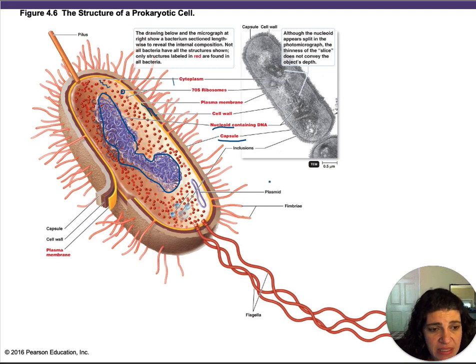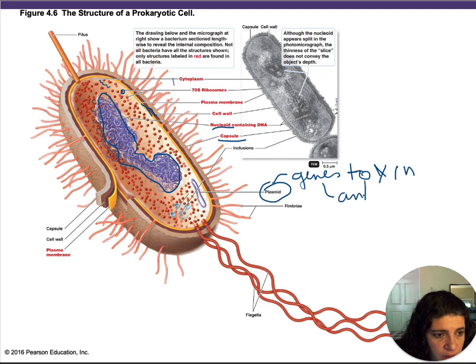And then plasmids are found in some bacteria, and they usually contain genes that are related to production of or translation of a protein that is a toxin. Or genes for antimicrobial resistance.